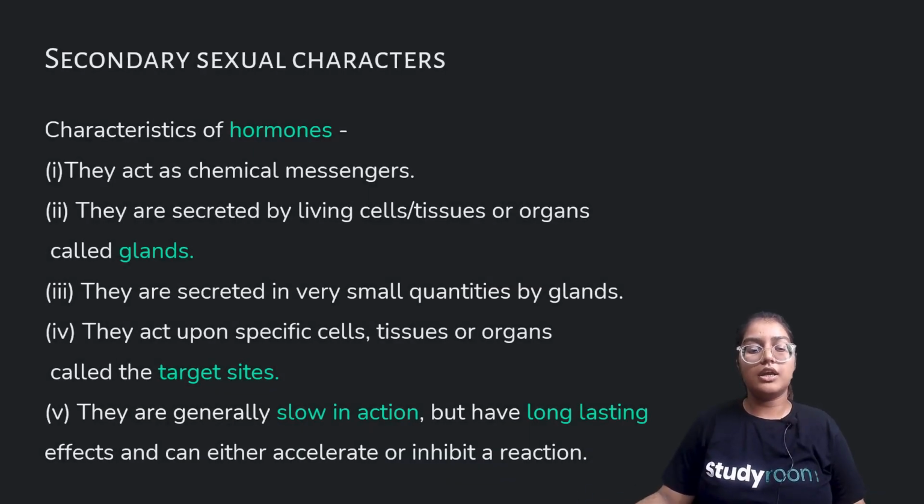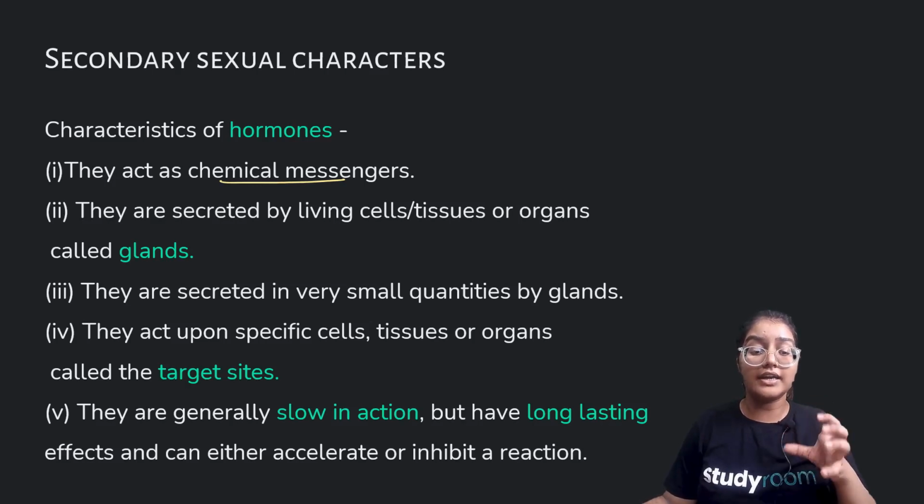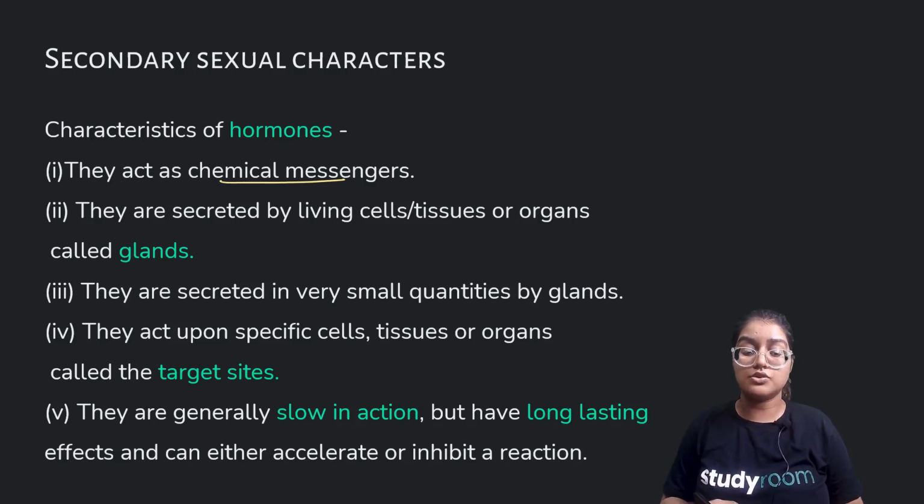Now we'll be learning about certain characteristics of hormones. Hormones are chemical messengers. We know they are controlled by glands. They're secreted by living cells or tissue glands. They're secreted in very, very small quantities and they are target specific. For example, if the body is secreting testosterone, the testosterone should know where it has to go and what function it has to perform.